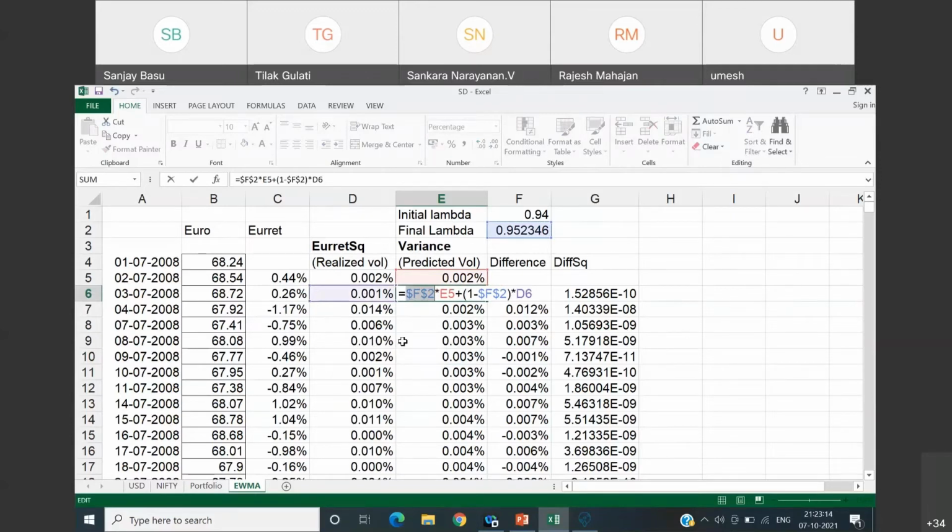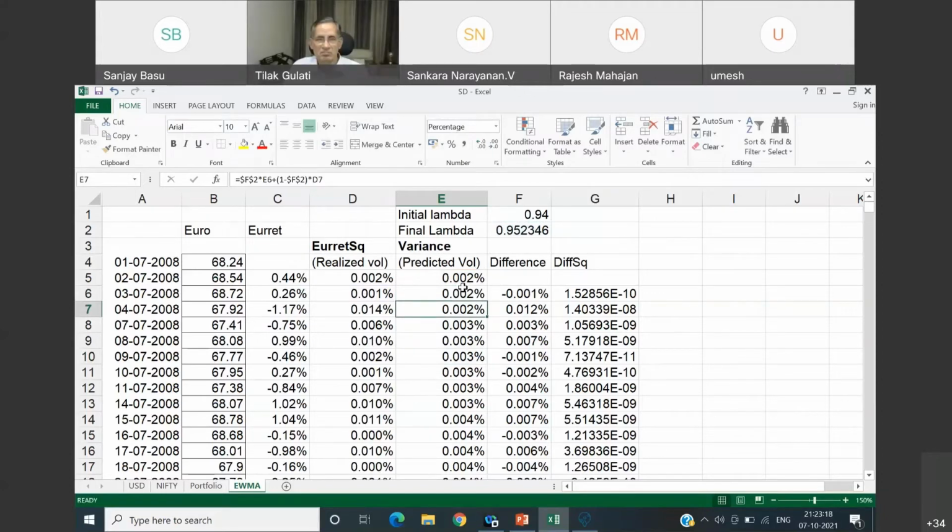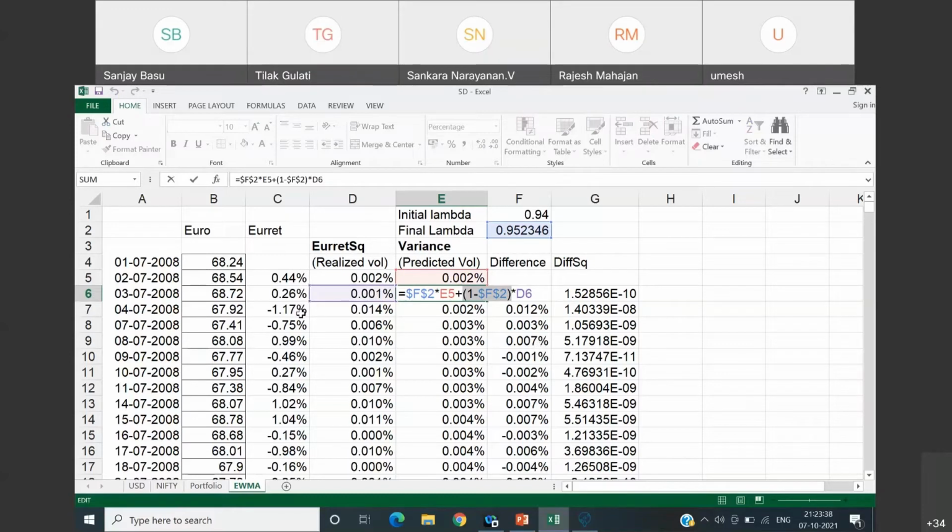94% of the time, yesterday's variance will prevail. But with a probability of 6%, the events between yesterday and today will affect my volatility. This is where your question arises.